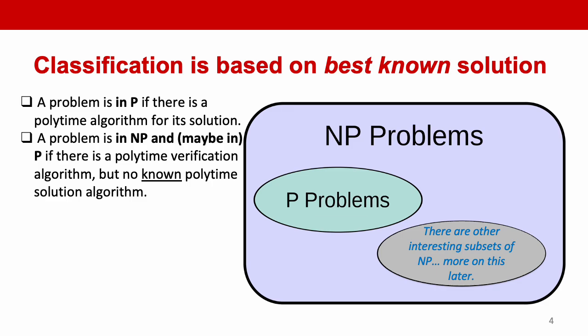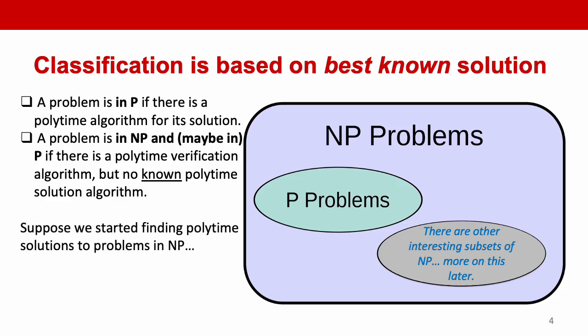So this is kind of weird because I don't know if it's in P or not, just because I don't know if NP is equal to P. Now, if you started finding polytime solutions to problems in NP, then it would mean that P was equal to NP. And that second bullet that I have here, where I've said it's maybe in P, now we know that there is a polytime solution for it, and it would be in P.